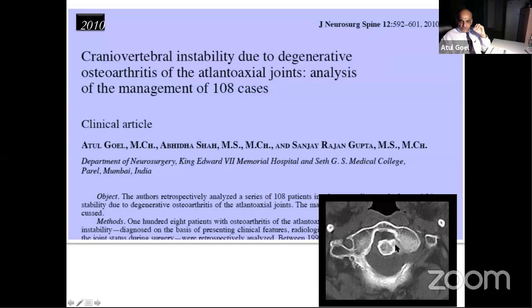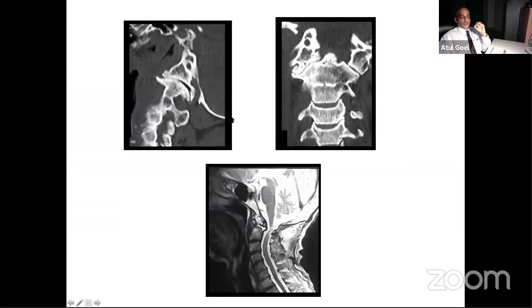Like you see, the bone formation here is an osteophyte which is secondary. So we introduced the concept that craniovertebral junction instability manifested at the atlantoaxial joint causes degenerative osteoarthritis. Now carefully, my dear friends, look at these slides. Atlantoaxial instability causes reduction in the joint space.